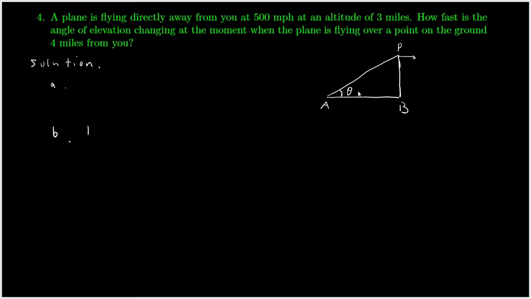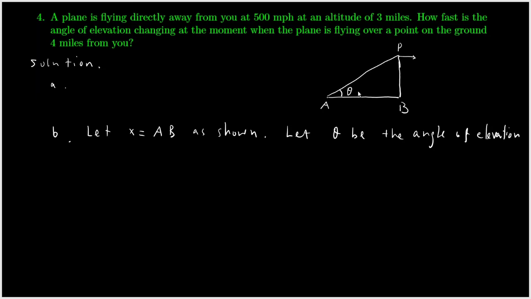So we let x be AB, as shown, and we let theta be the angle of elevation. Now step C.